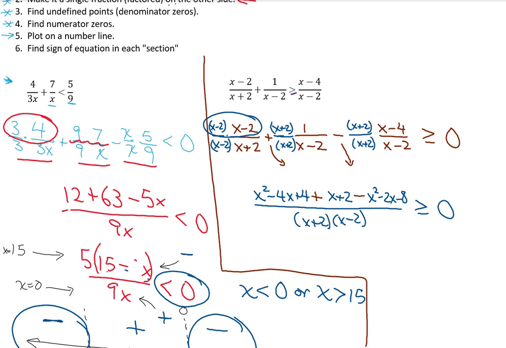The nice thing is, it looks like x squared minus x squared, those cancel out. Oh, this should be in parentheses because it's minus that whole term.